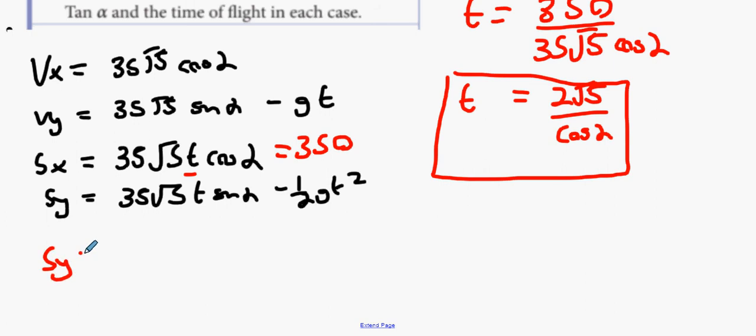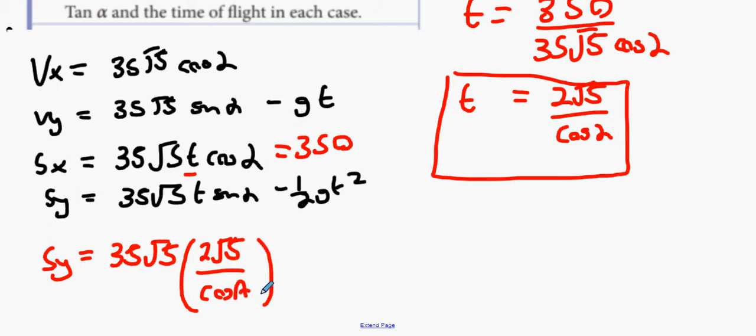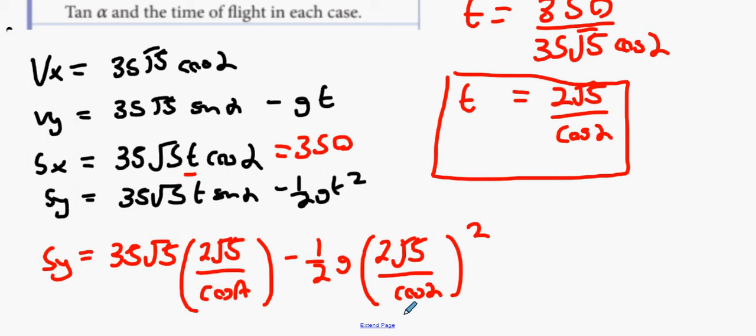So we're going to get Sy equals 35 root 5 t, which is 2 root 5 over cos A, sine A, and then after that, minus a half g t squared, with t being 2 root 5 over cos A, and that all equals 210.